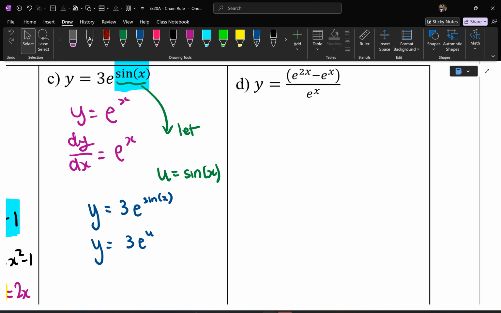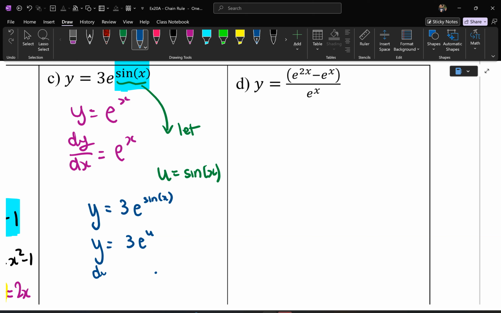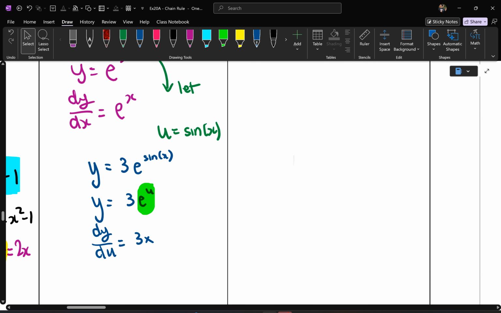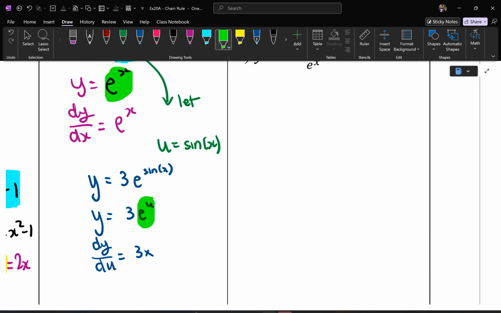All I did was just replace sine of x with the letter u. Now you've got y in terms of u. Do the same thing as before. Delta y delta u. We've got 3 times. Now what's the derivative of e to the u? We know the derivative of e to the x. So what's the derivative of e to the u?